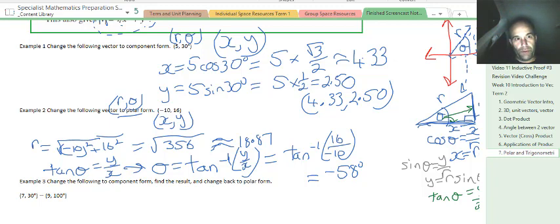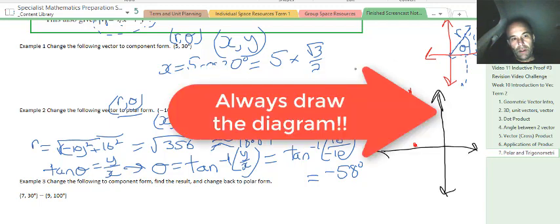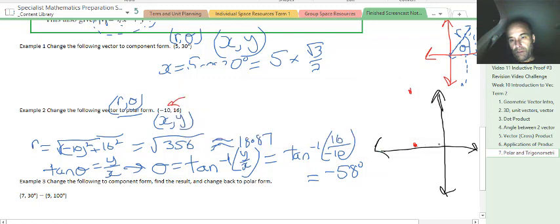Now it's important to pause and draw it at this point for these sort of questions. If we think about the Cartesian or component form, negative 10, 16 would be basically 10 units to the left and 16 up, and we would have basically a vector like this. Now remember, in polar form we have to consider the angle right the way around.